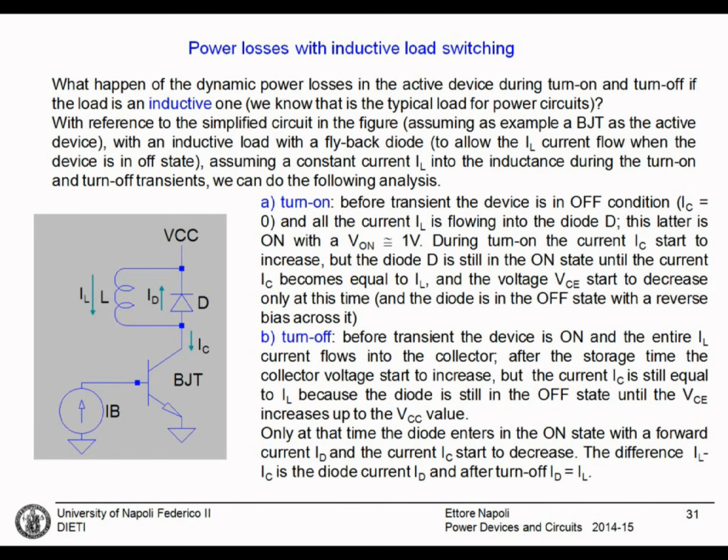This can be useful for simulations because the current generator doesn't need to be charged. The charging phase is very slow, and this means a long simulation. With the current generator, you can start from the final state. These are tricks that are useful for reducing simulation time or improving the convergence of the simulations.